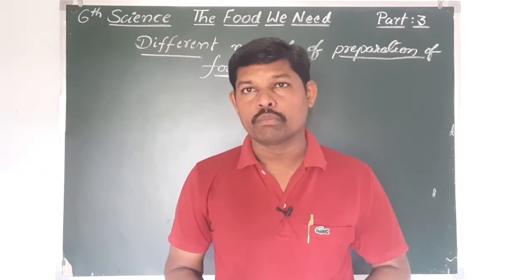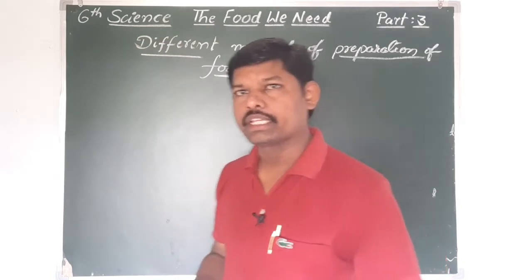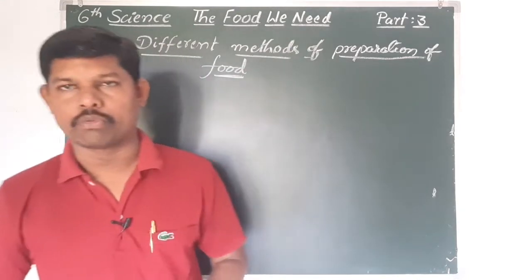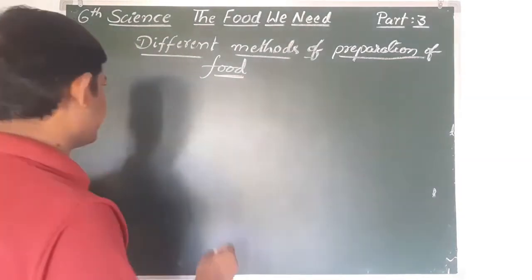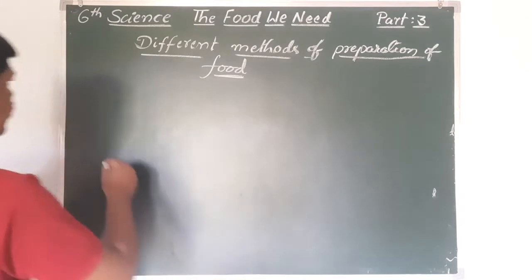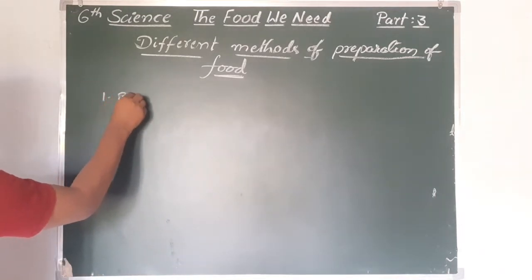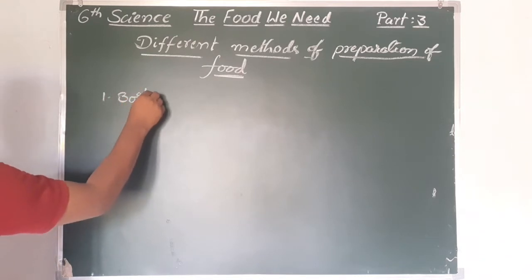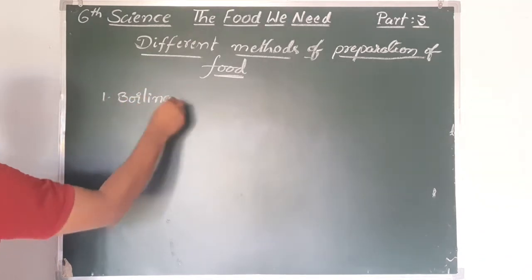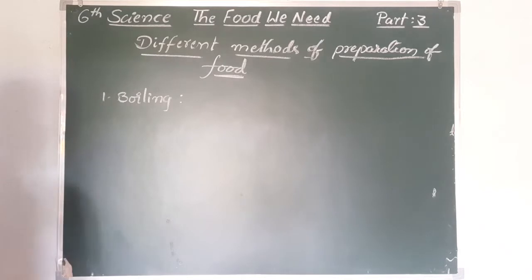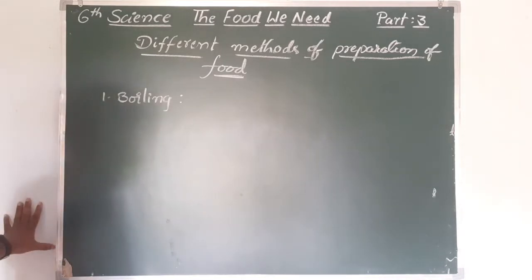First one, boiling. By using the method of boiling, what food items do we prepare? If you have the textbook, open it and observe table number 6.